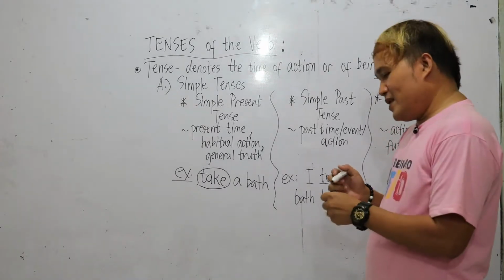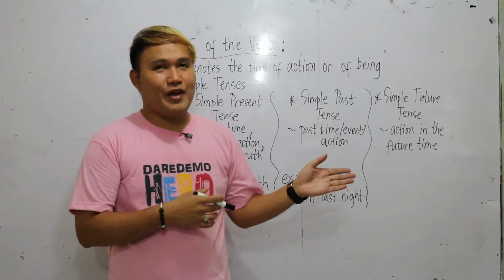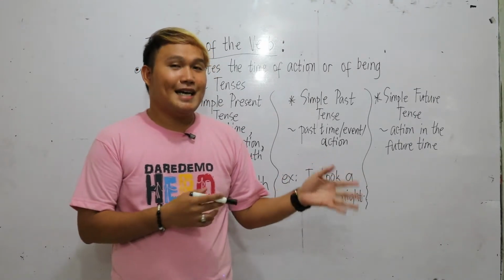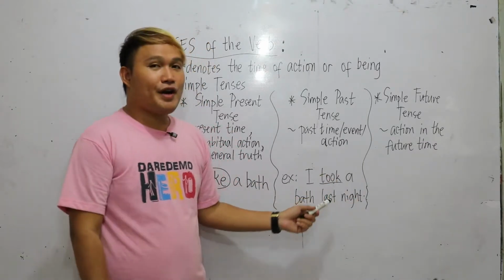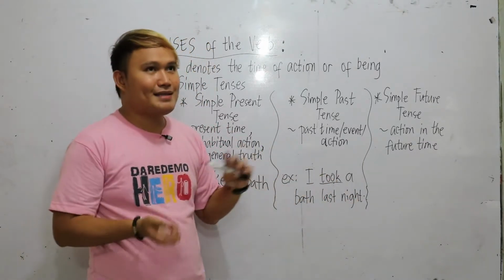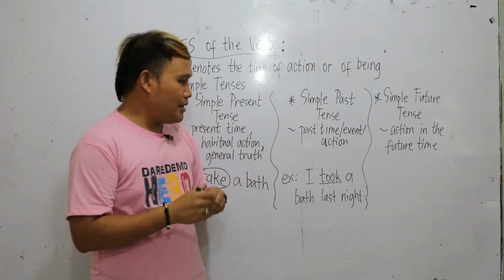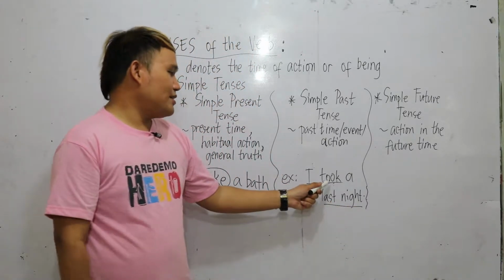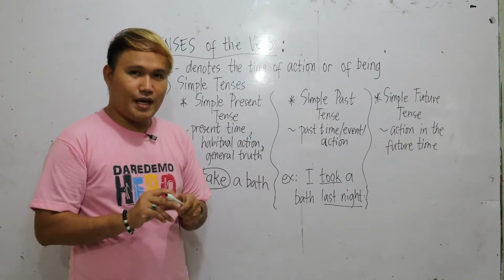Not all people take a bath in the morning. Sometimes they also take a bath at night. So this statement is referring to a past action or past event because of the time expression last night. And of course, you have to transform the verb from take to took. I hope you get it.